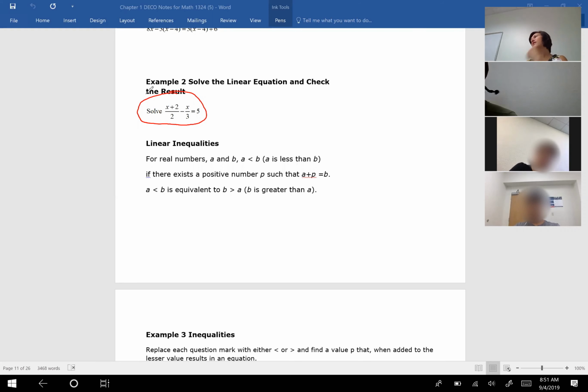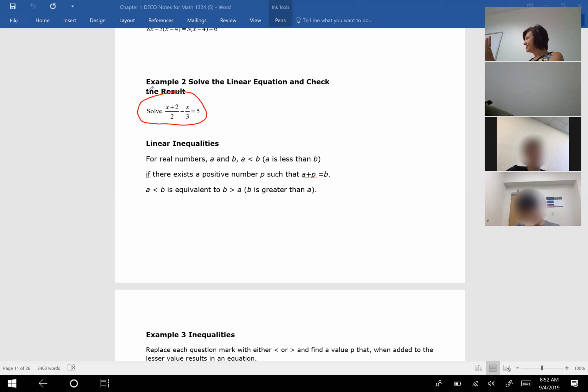If I don't get rid of the fractions, I'm noticing on the left side, there are two fractions here, and there's a minus sign between them. If I'm going to add or subtract fractions, what do I have to have? A common denominator. And one of these is 2, the other one is 3. That tells me I'm going to have to multiply both fractions by something to get a common denominator. And that makes me a little nervous because now there are X's involved and all kinds of messy stuff.